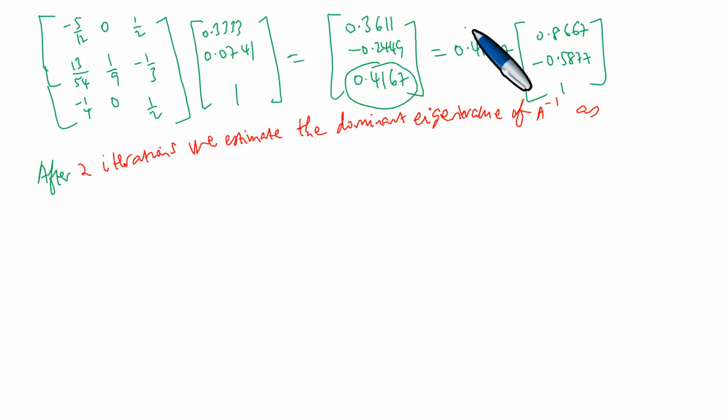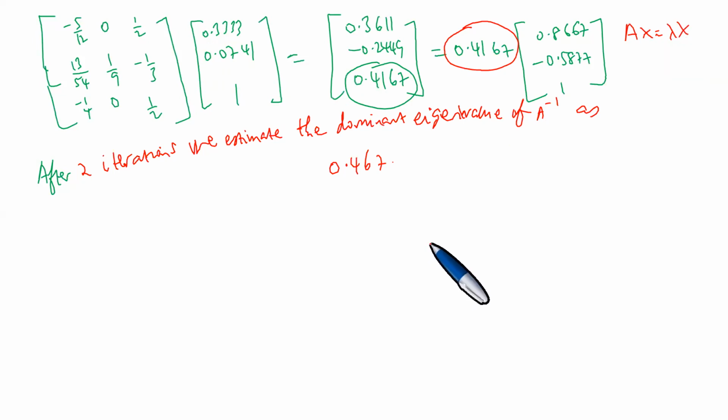Right, so it's the one that sits here, 0.4167, because it's always AX equals lambda X, but we stated that in terms of the inverse. We said it actually means that A inverse X is 1 over lambda X. Okay. What do we get?